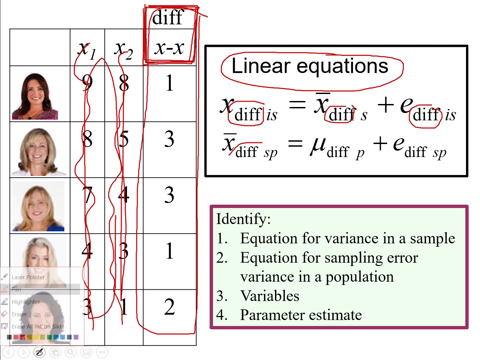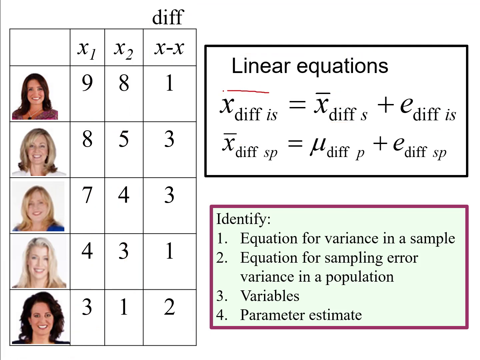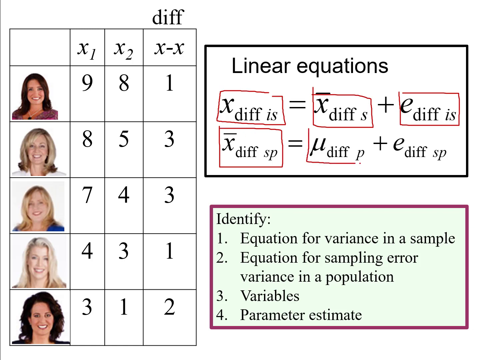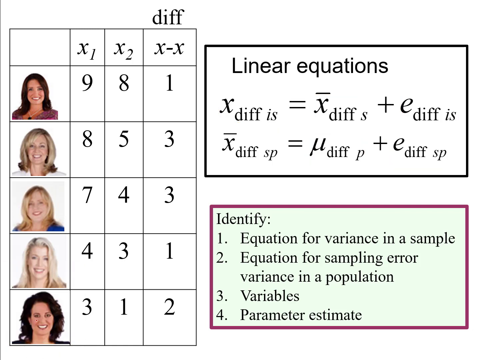So we can read these equations as saying the difference score for individual i in sample s is equal to the mean difference score for sample s plus the error difference score for individual i in sample s, and that the mean difference score for sample s in population p is equal to the true population parameter difference score, mu, for population p, plus the error difference score for sample s from population p. So that's the exact same equations we saw in the previous unit. I'm just adding the subscript DIFF to clarify that everything's pertaining to difference scores.